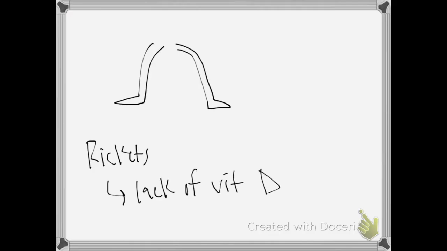What this is indicative of is called rickets. Rickets is a lack of vitamin D when you're a kid. If you have a lack of vitamin D, you get a lack of calcium absorption, so your bones stay soft, your diaphysis doesn't calcify very well, these epiphyseal plates enlarge, so you just have more cartilage than bone, and you get this bow-leggedness.